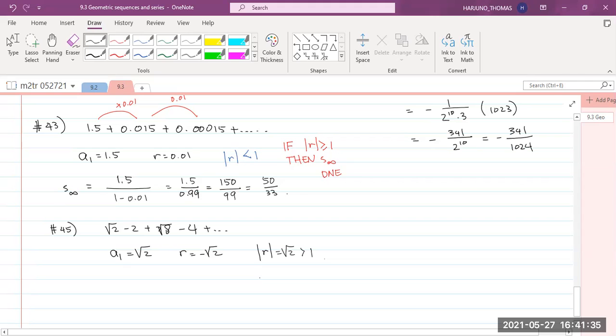So what happened is we can't use that formula. No, we cannot use that anymore. In fact, you keep on adding something greater than the previous value, and the sign is alternating: plus, minus, plus, minus. So the infinite sum later on does not exist.